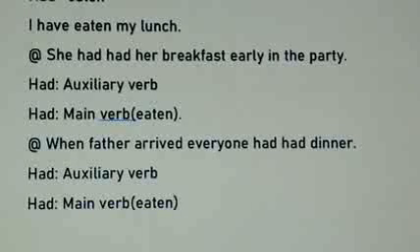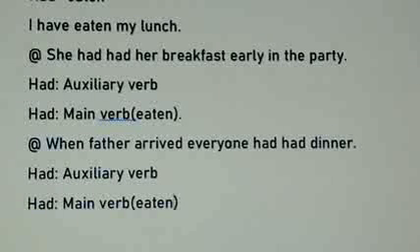But my dear children, in this sentence you need to find out what kind of steps has finished first. You will say what am I saying. Let's see. When the father arrived is one part of the sentence, and had dinner is the other part of the sentence.